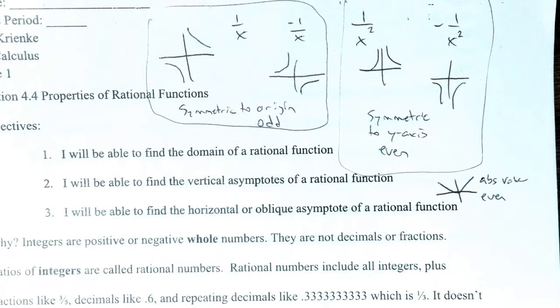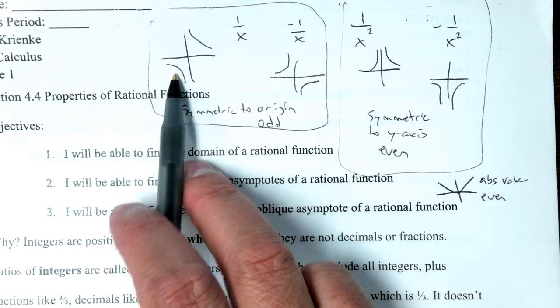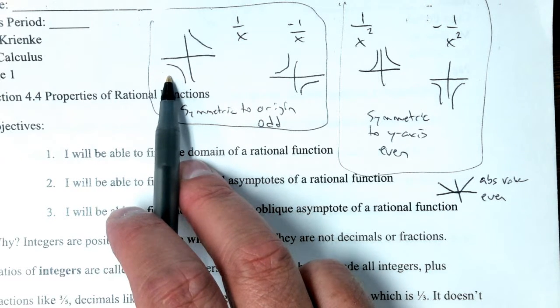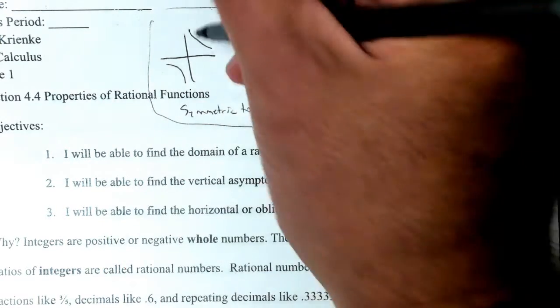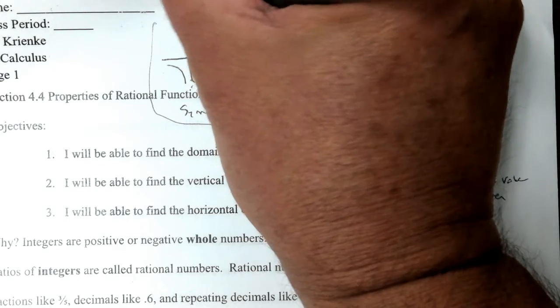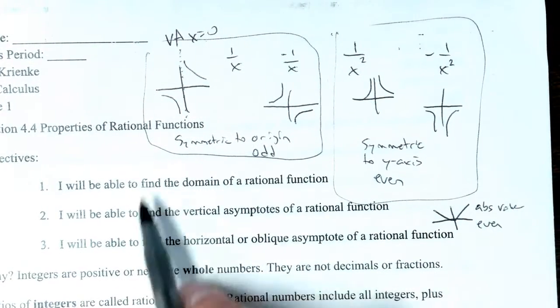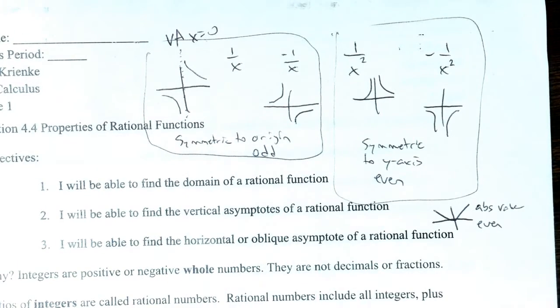All right. Now, what you could notice about this, and some of this you learned in Algebra 2, is that, let me emphasize this first one. You have vertical and horizontal asymptotes. This one has a vertical asymptote at x equals 0 because it's not shifted left or right any.